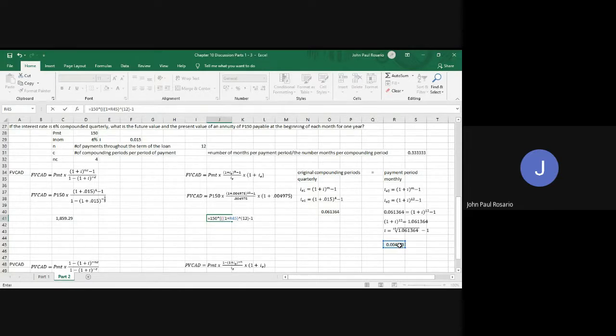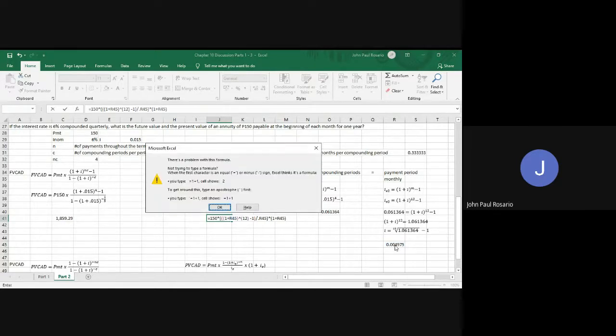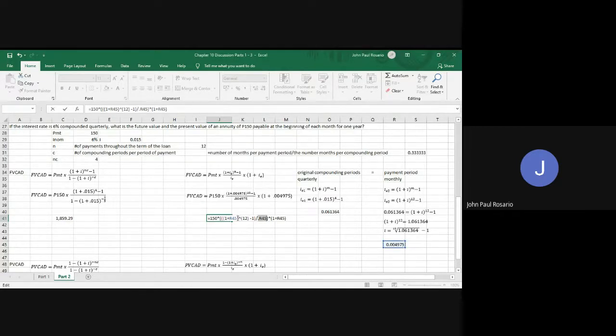Then we deduct 1, close it, and divide by 0.004975, and then we multiply the whole thing by 1 plus this one. So again, either you use the way of our author or my way, we'll still arrive at the same answer.